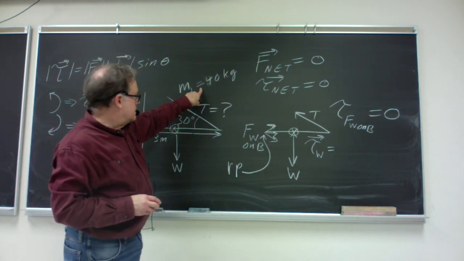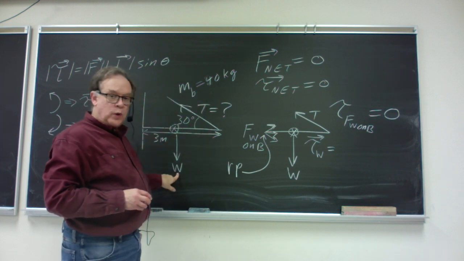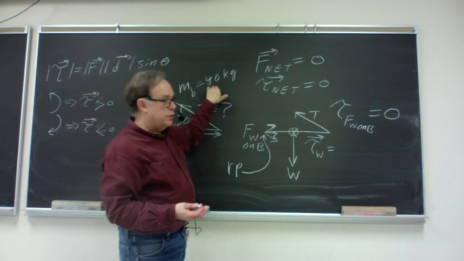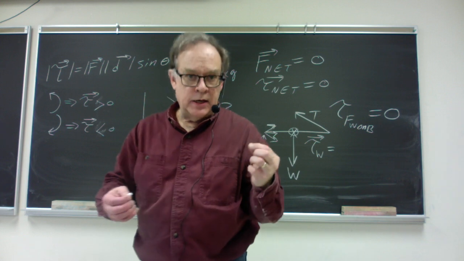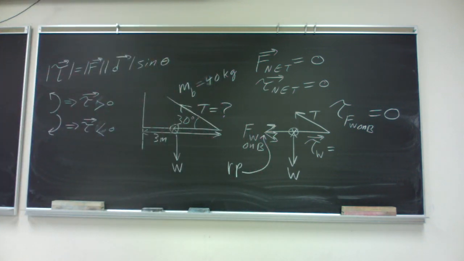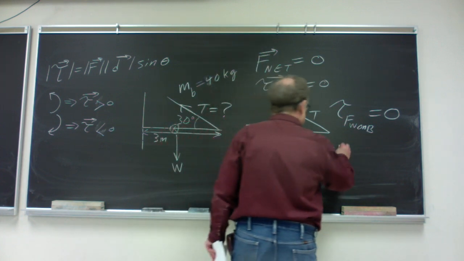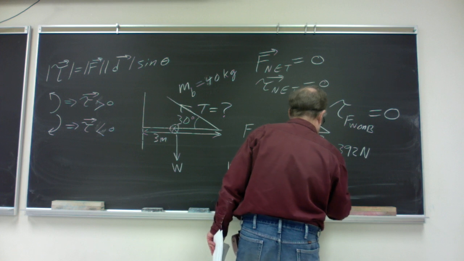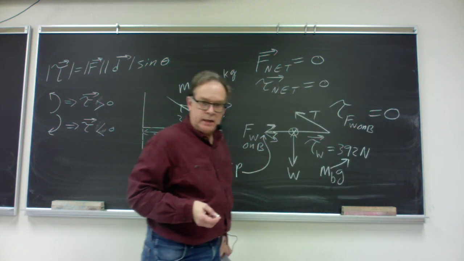The mass of the beam is 40 kilograms, so the weight force of the beam is mass times g, 40 kilograms times 9.8, and that gives us 392 newtons.